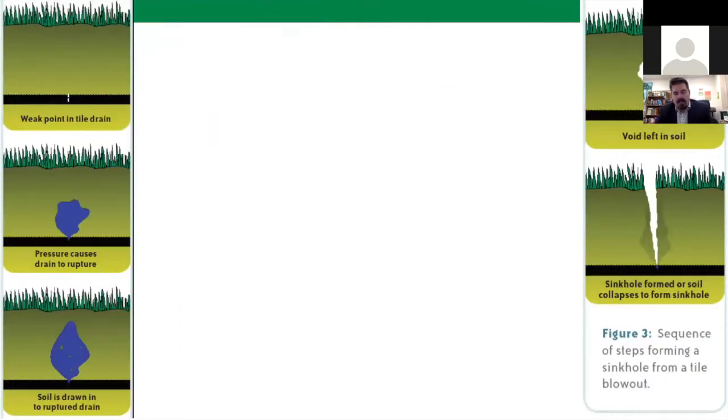So let's talk about the big issue of maintenance and why it's important. The biggest issue that we face is what we call blowouts. We start here on the left. If there's some sort of weak point in the drain, and there is back pressure created in the tile, usually this comes with the inflow.